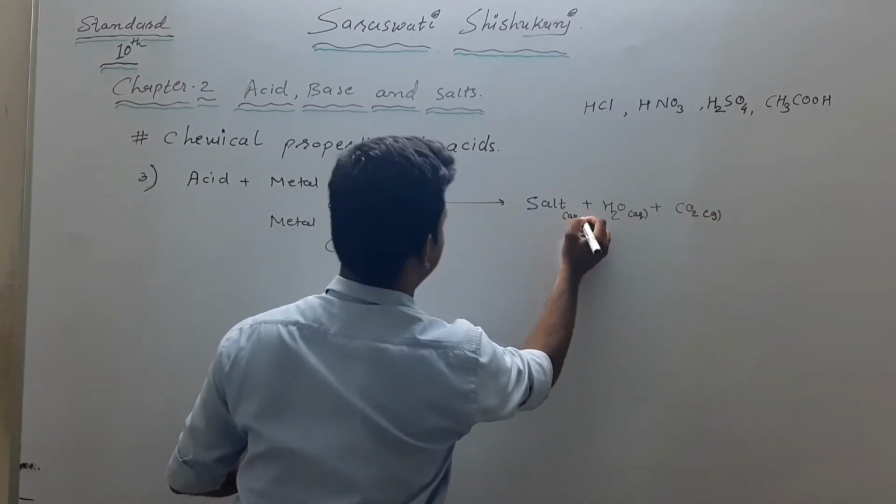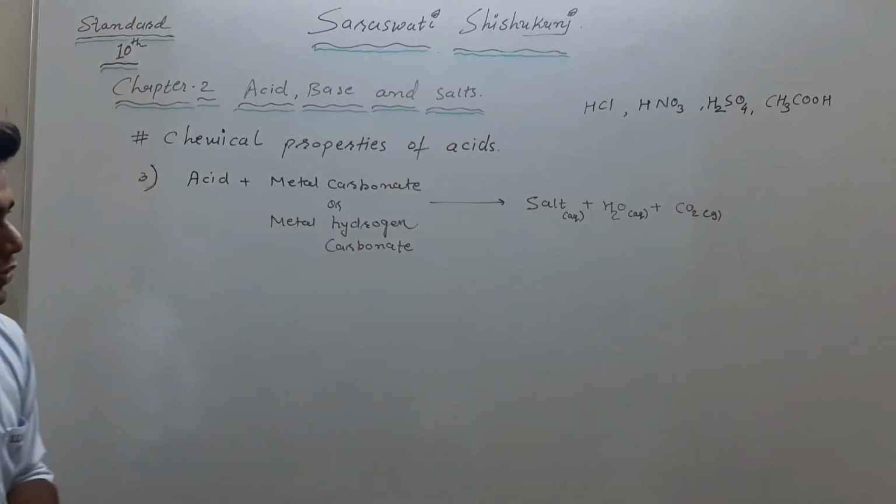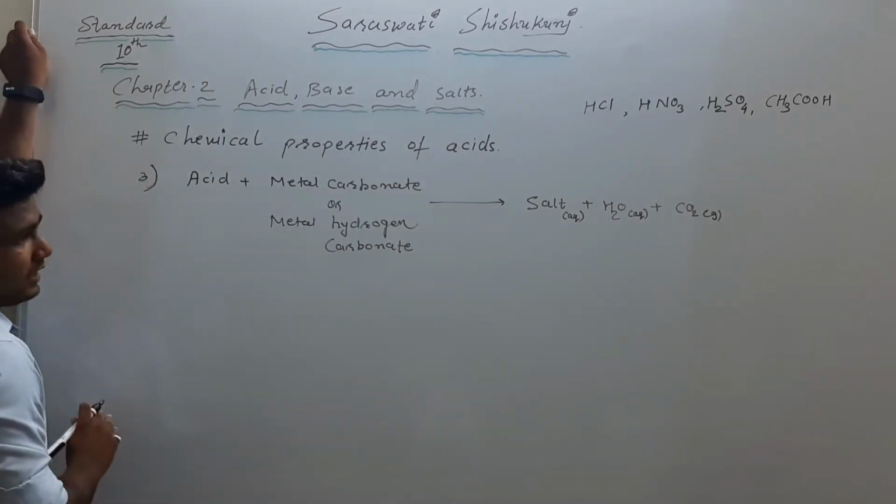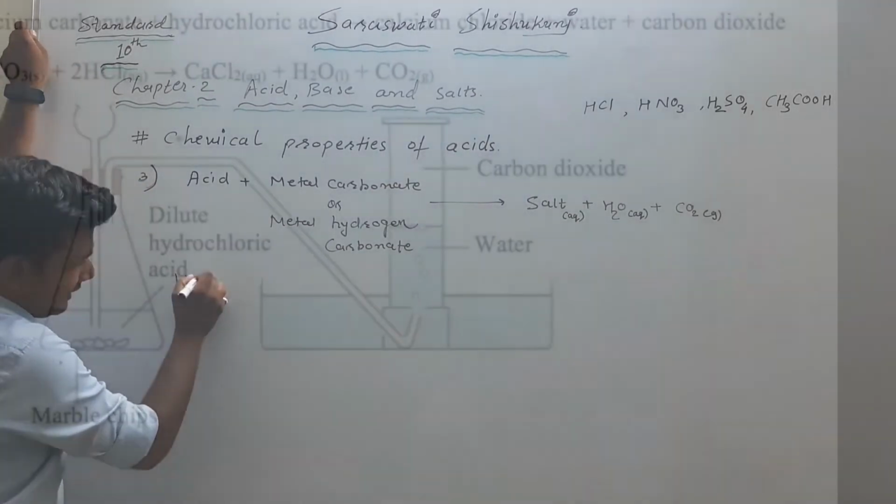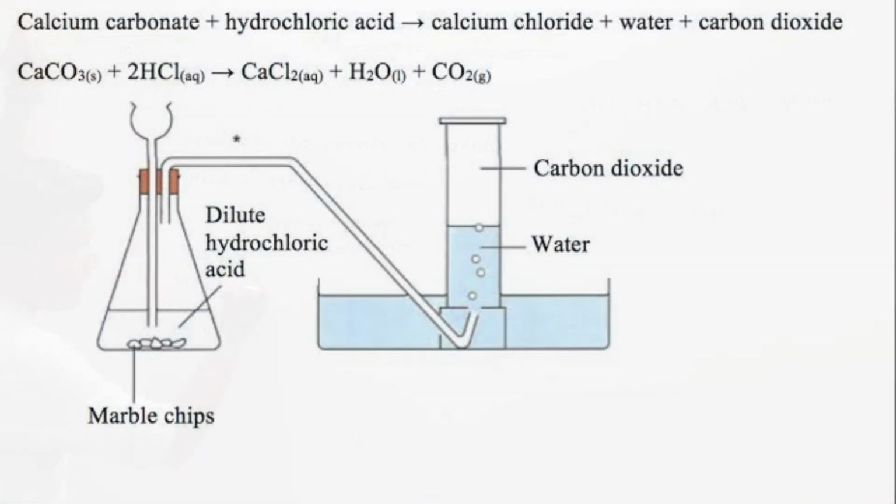Now, let's see how this reaction is done. Suppose we take an acid HCl and react it with a metal carbonate. I am taking calcium carbonate here, so that will be the carbonate of calcium metal, CaCO3. When HCl in aqueous form reacts with calcium carbonate, which is in solid form, it will give us salt.